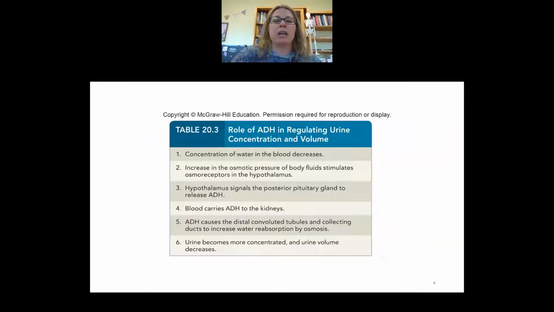Okay, this slide just kind of looks at a little bit more detail on how that happens. So if a person's dehydrated, they will have lower water content in the blood. Okay, the hypothalamus will detect that. It will tell the posterior pituitary to release that antidiuretic hormone. That's the endocrine gland that releases that hormone.